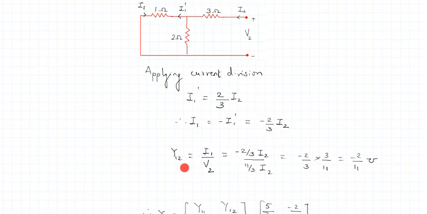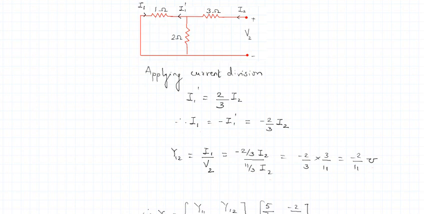So now we calculate Y12. Y12 is the ratio of I1 by V2. I1, as just computed, is minus 2 by 3 of I2, and V2 we have already calculated as 11 by 3 I2. Doing the substitution and simplifying, we get Y12 to be minus 2 by 11 mho.